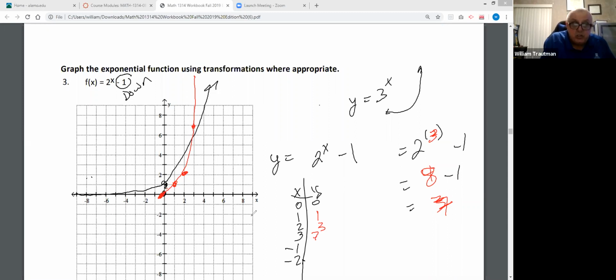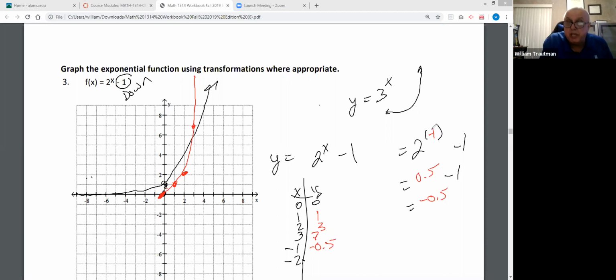And then if you do some negatives, let's put -1 in here. 2 to the -1 power is actually 1/2 or 0.5. 0.5 minus 1 is -0.5.